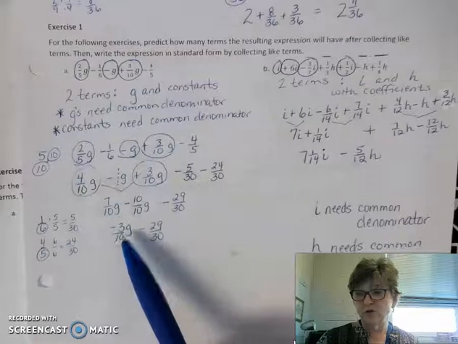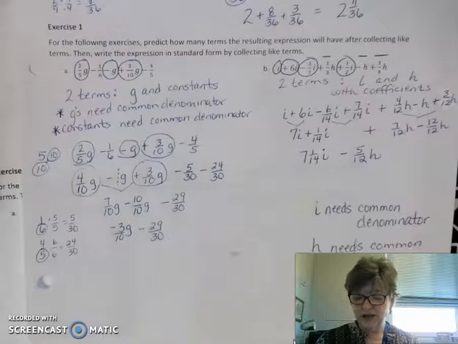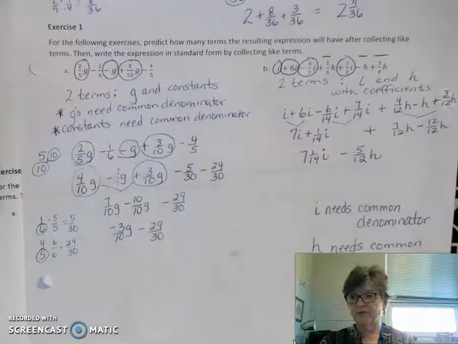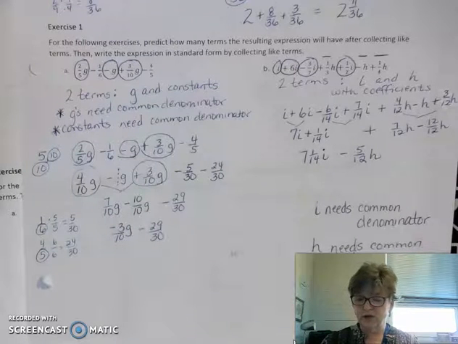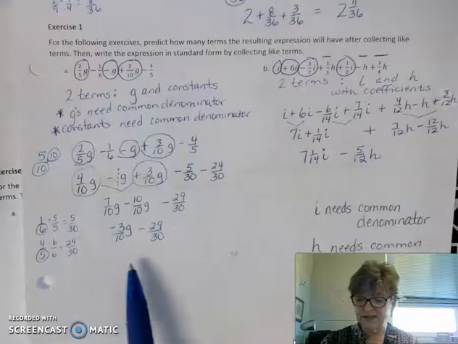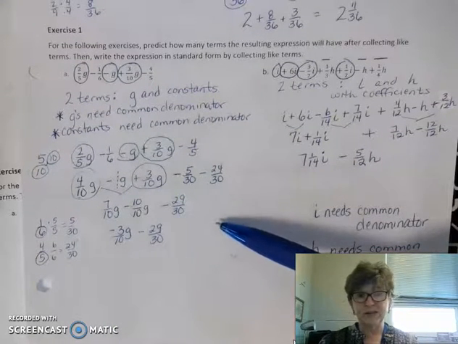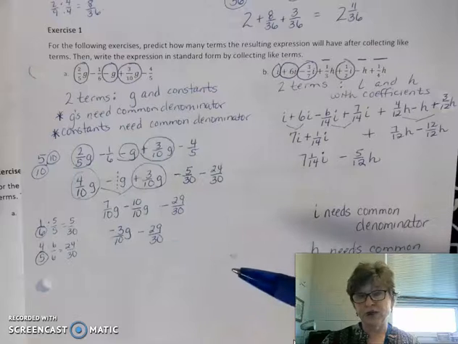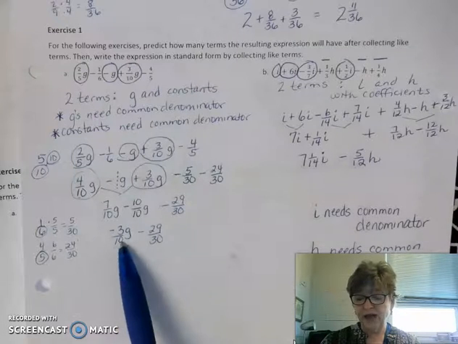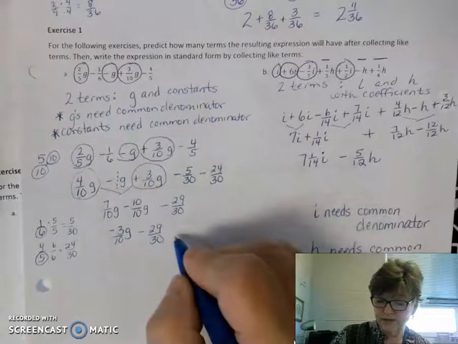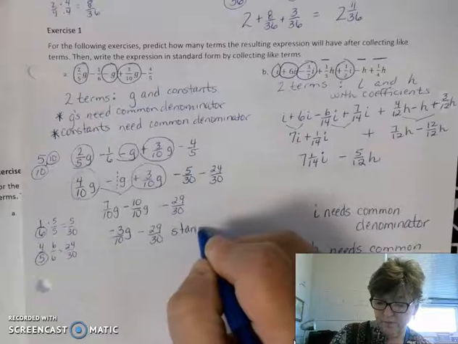Your end result was -3G minus 29/30. So take a quick look at yours and see how yours is the same, and if it is different, if you used a different strategy, and if you came up with the same standard form.